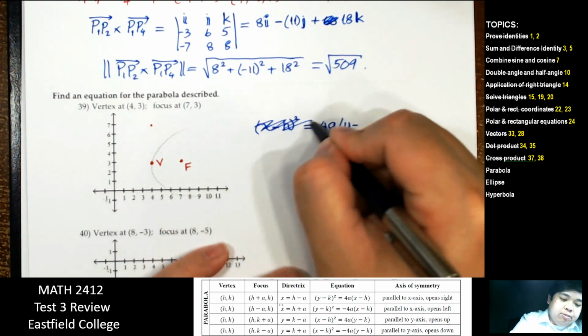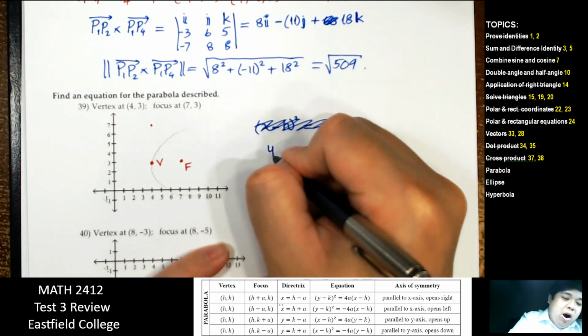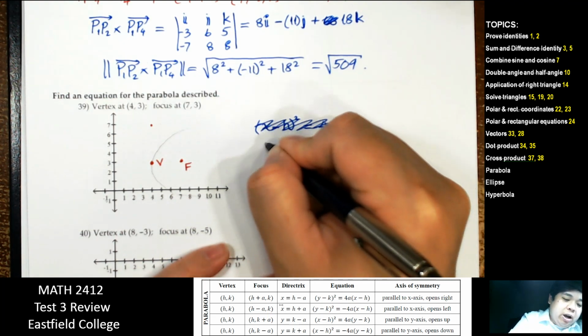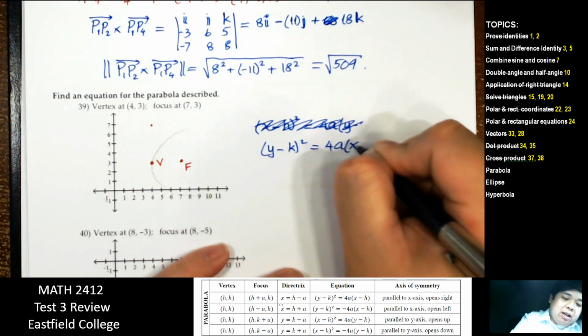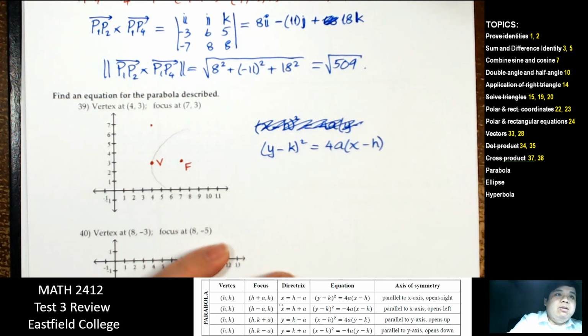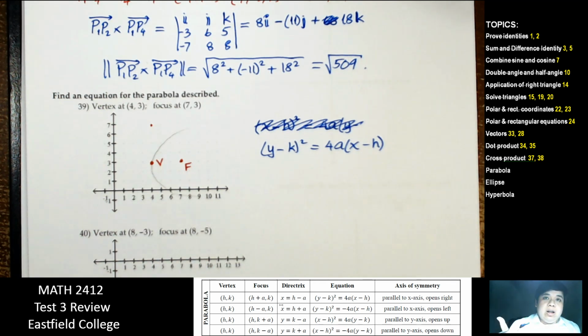Sorry. Y minus k squared equal to 4a x minus h. Right. It's open to the right.